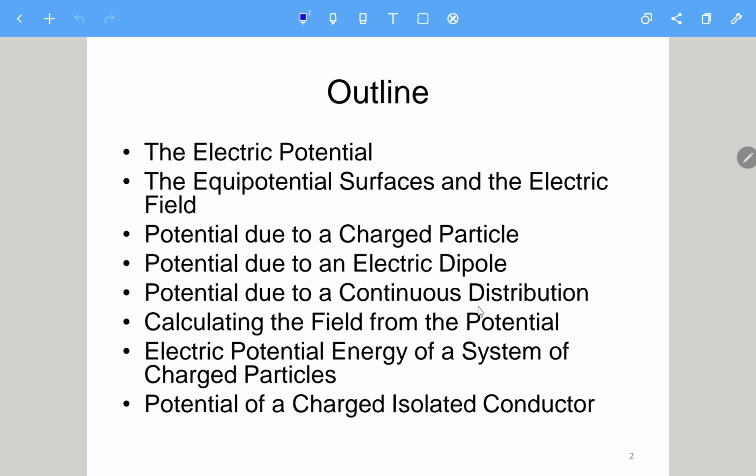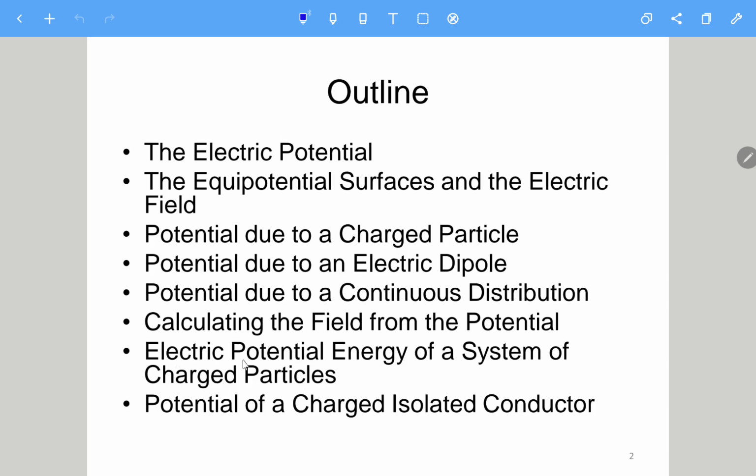So the idea is that directly calculating the E field may be difficult. So we will try to calculate the easier variable first, which means the electric potential. And then by some easier calculation, we can get the E field from the potential.